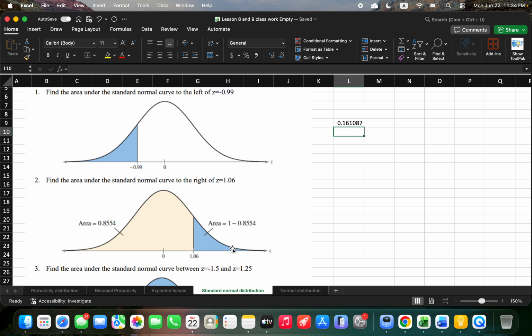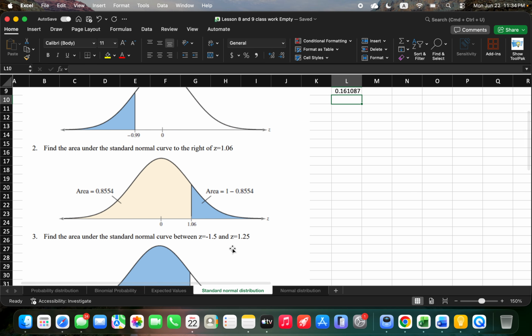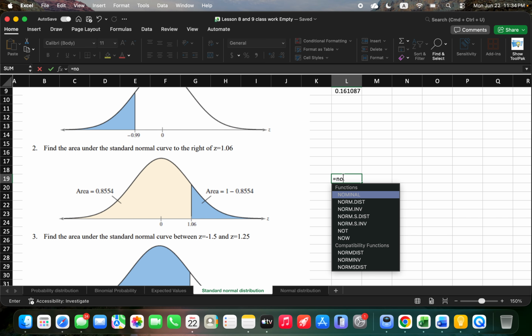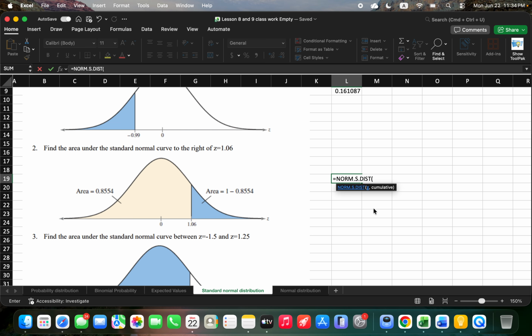Okay, then let's find out z equal to 1.06. Equal to norm dot standard distribution, the standard normal distribution basically. Click that and then 1.06, comma, cumulative true.